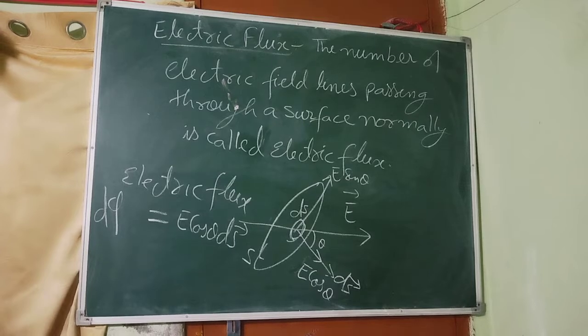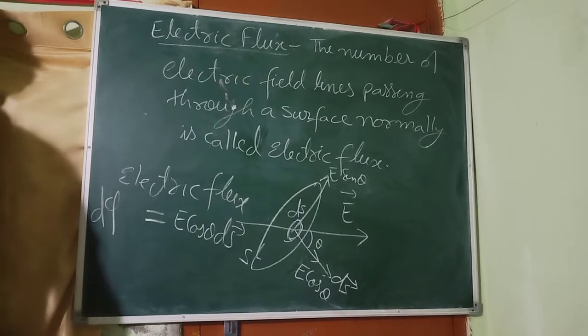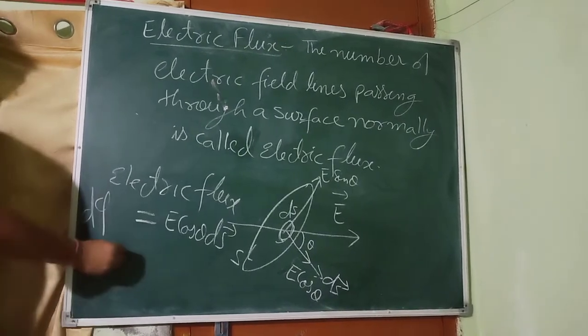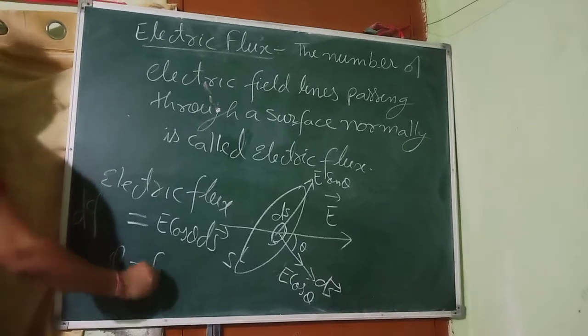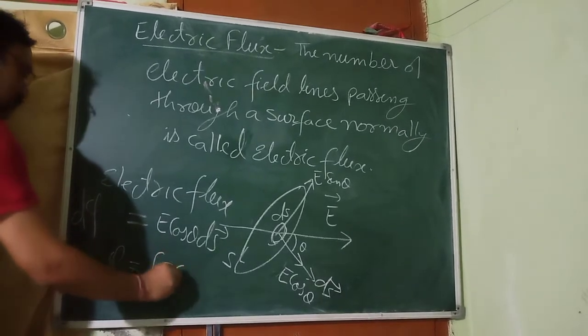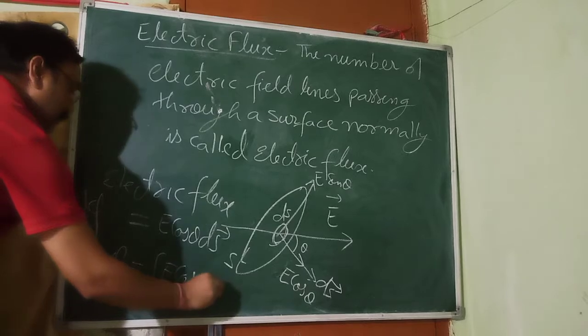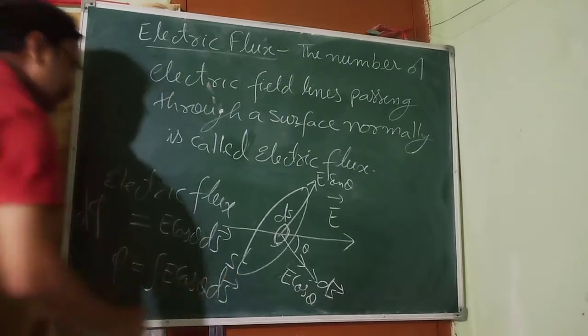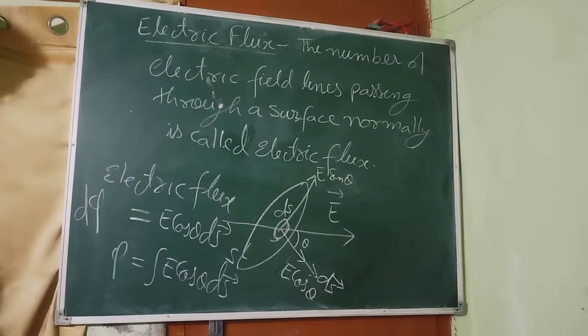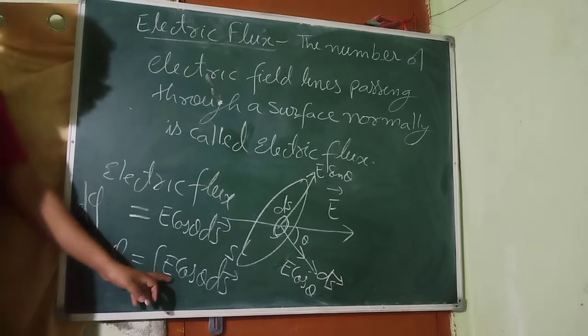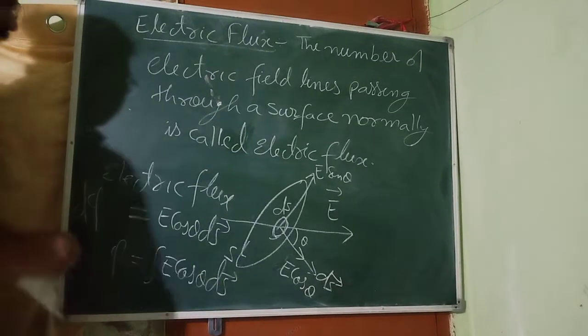Now if you want to find the total flux, what do you have to do? The net flux will be the integration of E cos theta ds. But E is a vector quantity, and ds is also a vector quantity.